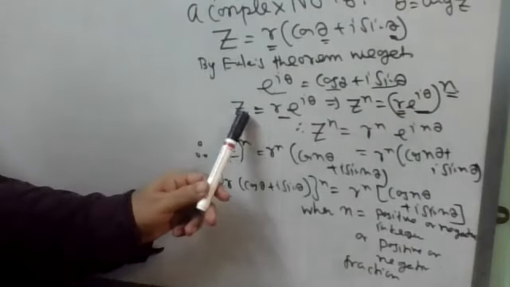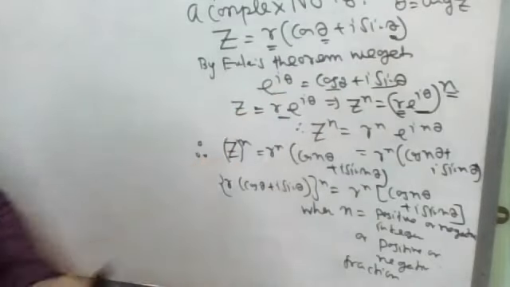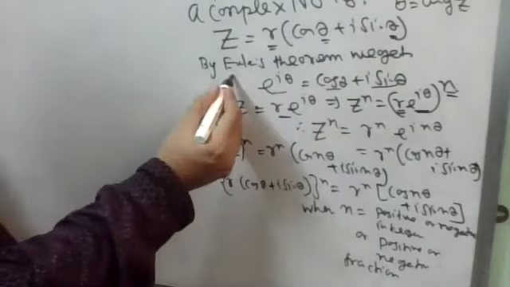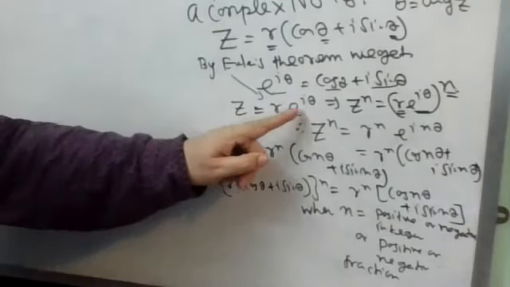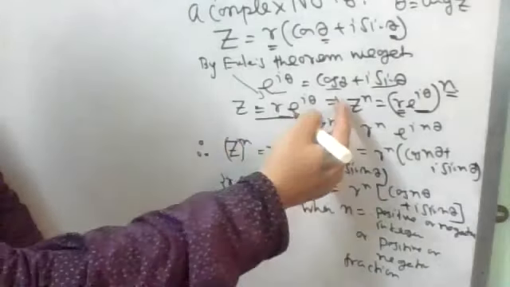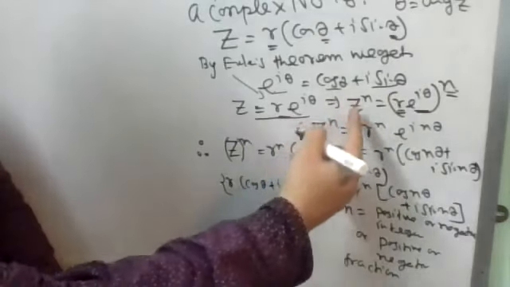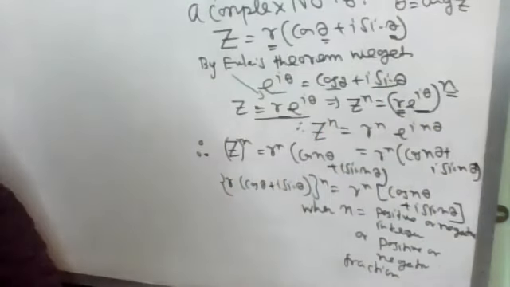Then z is equal to r, and instead of these, you put e to the power i theta. That is called Euler's form, Euler's theorem. z is equal to r e to the power i theta. Now I am taking nth power to both sides. z to the power n equals r e to the power i theta whole to the power n.